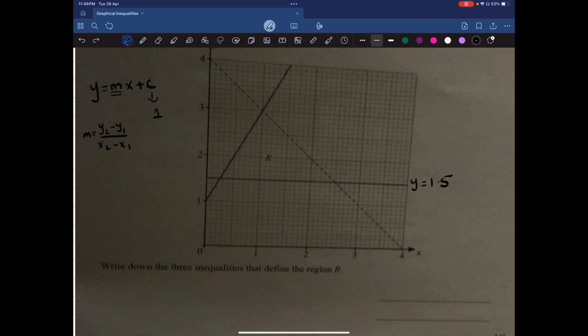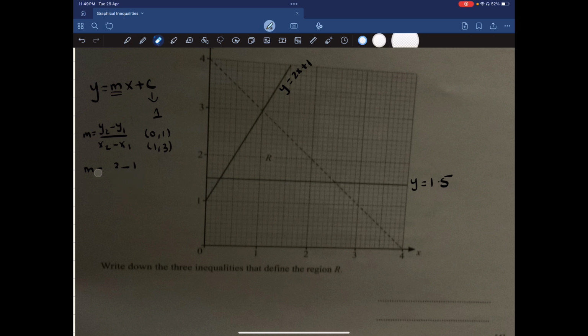So what are the 2 points? 0 and 1, 1 and 3. Let's find the gradient. It's going to be 3 minus 1 over 1 minus 0, which is 2. So the gradient of this line is 2 and c is 1. So what is the equation going to be? It's going to be y is equals to 2x plus 1.